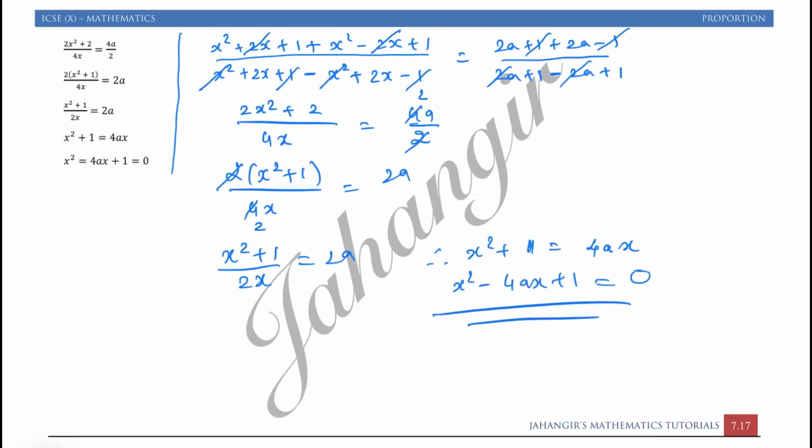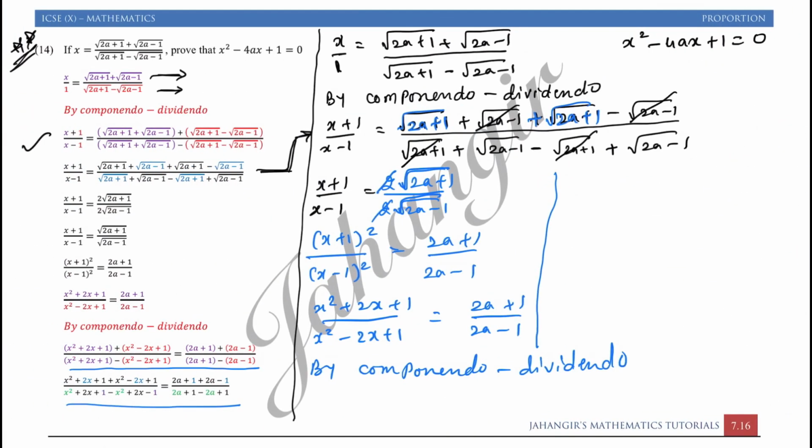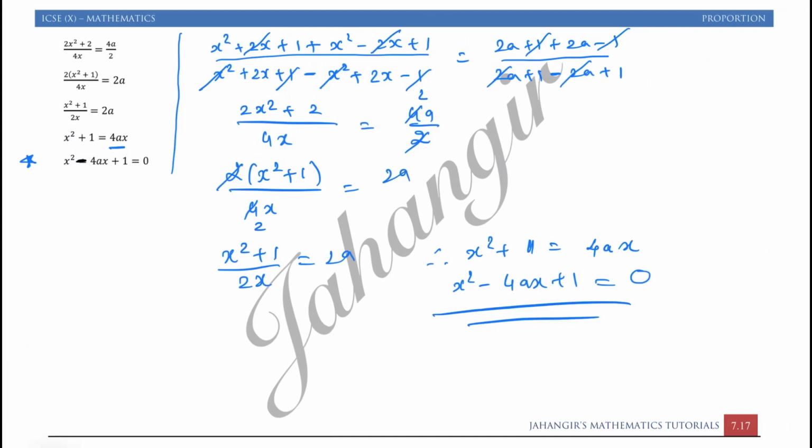So we got the answer. Sorry, here we have minus. If you are shifting 4ax inside, you will get minus over here. So you get the final answer that we want. Just check, we want x square minus 4ax plus 1. We got the same.